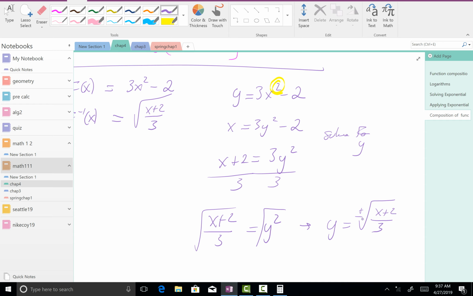So what we're going to do here is go ahead and graph 3x squared minus 2. Okay, so there's the parabola right there. Okay, 3x squared minus 2. All right, now we're going to go inverse. So I'll call that one g of x because I don't think it will do it.